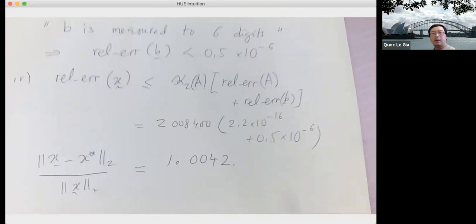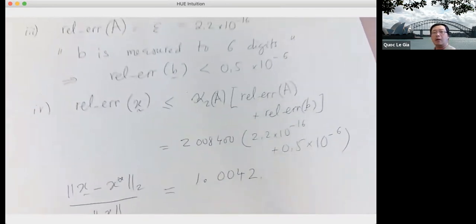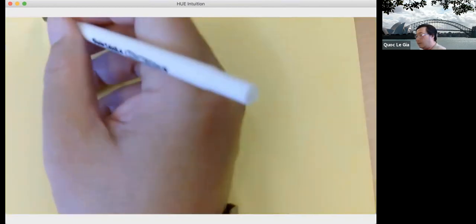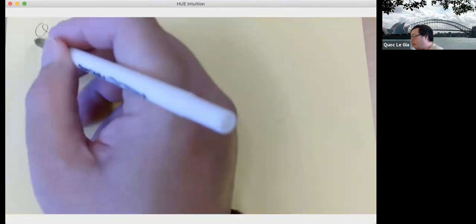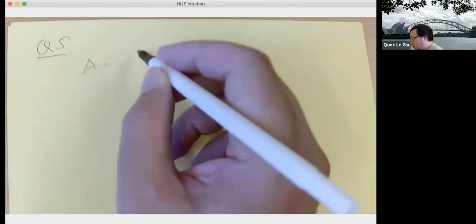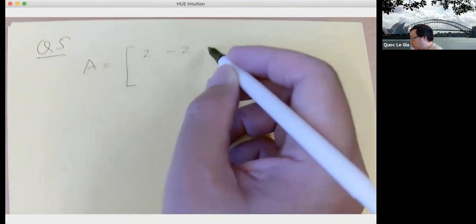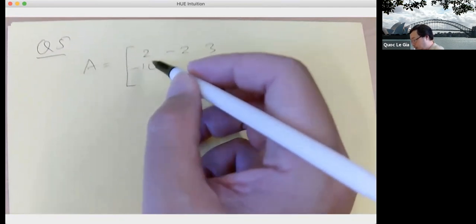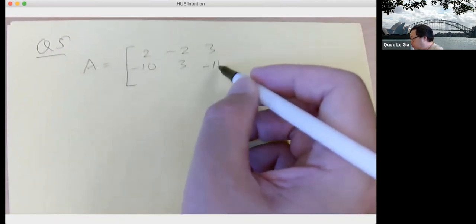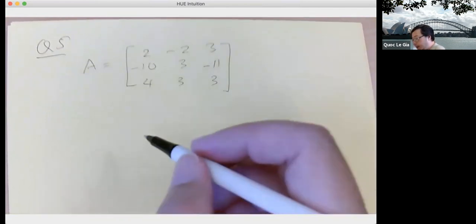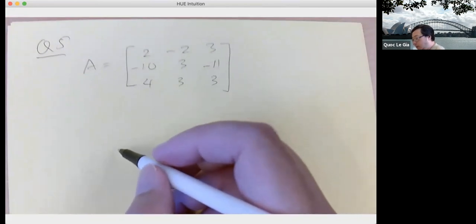Suppose we have a matrix A, which is 2, minus 2, 3, minus 10, 3, minus 11, 4, 3, 3. So find the LU factorization without pivoting. You just apply row operations.